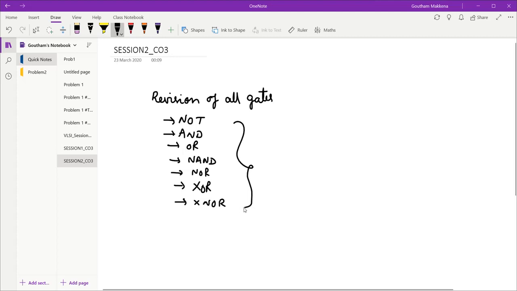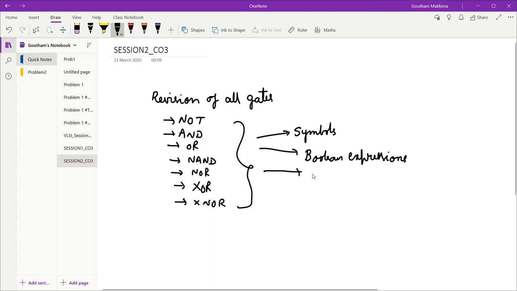For all of these gates, we have studied what their symbols are. We have studied what their Boolean expressions are, and of course, we have also looked at what each of the gates' truth tables are.